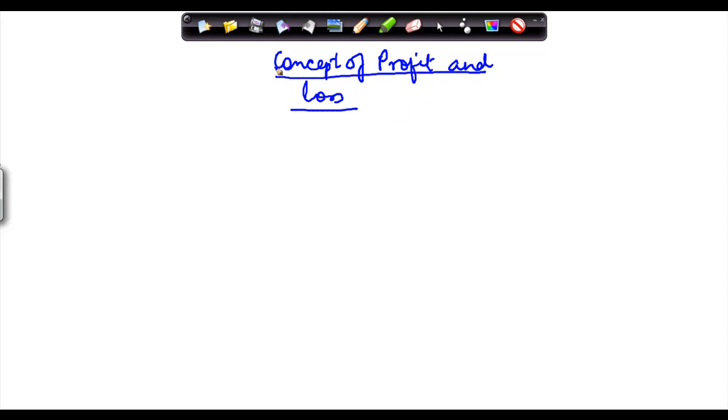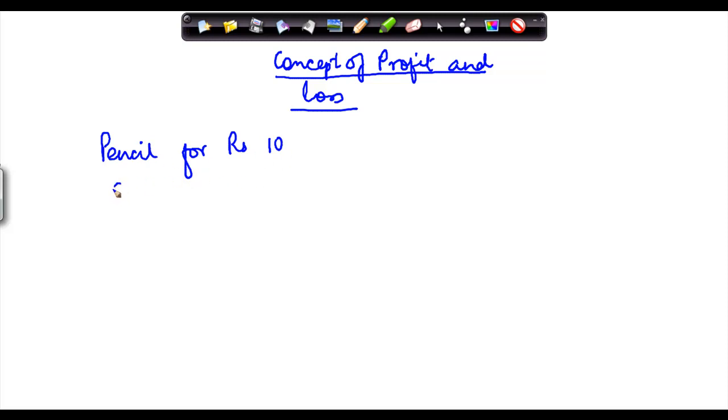Now we hear this term profit very often. In a normal business scenario, or for that matter in anything, when you go and buy something from the market, say you buy a pencil for rupees 10.